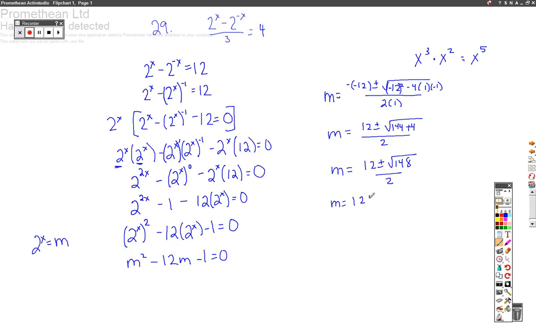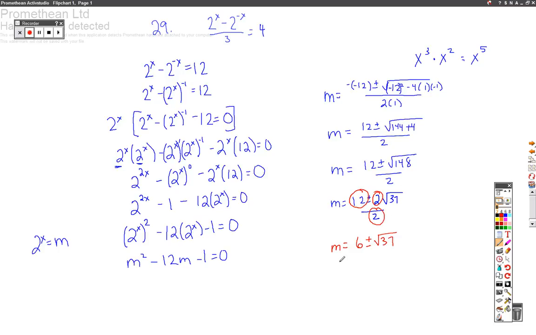I can simplify that, and it ends up as 2 times the square root of 37 over 2. Since all 3 of these have to be reduced by the same number, m equals 6 plus or minus the square root of 37.